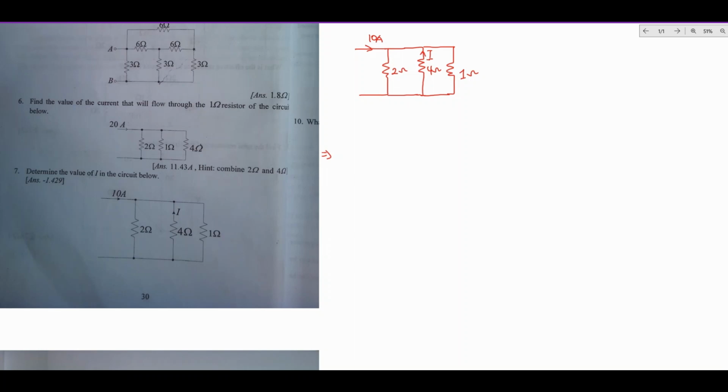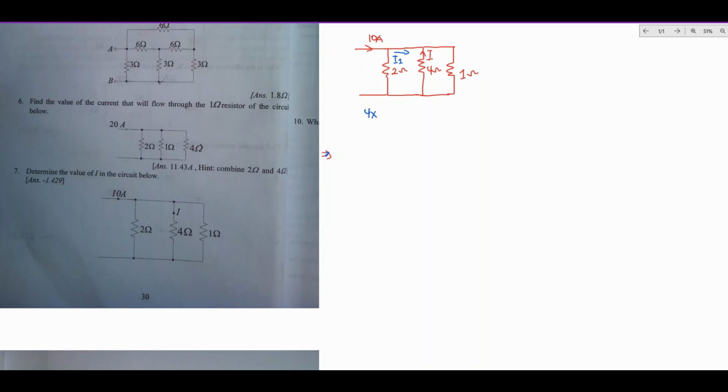So let's look at how you are going to solve this question. Just like the previous one, I will be the current flowing through the 4 ohms resistor. Before you can find I, you must know the current that will be flowing through this branch, known as I1. We already know that the 4 ohms and the 1 ohm resistor are in a parallel connection.